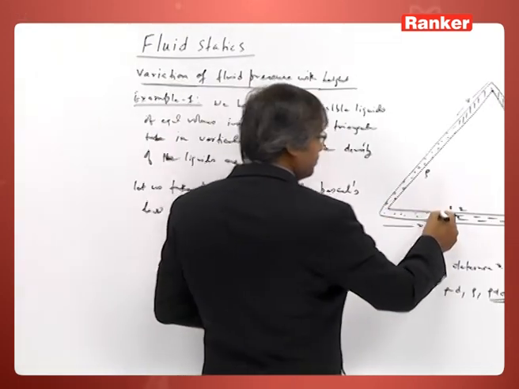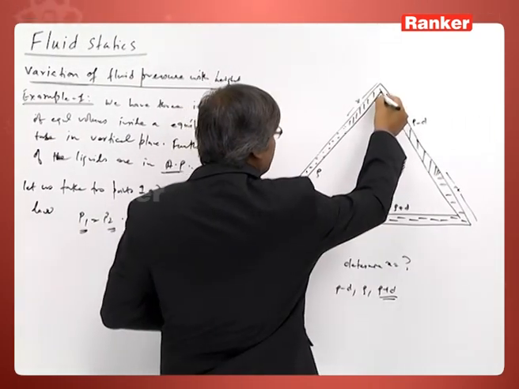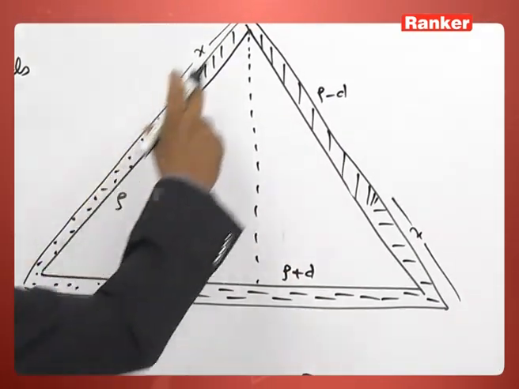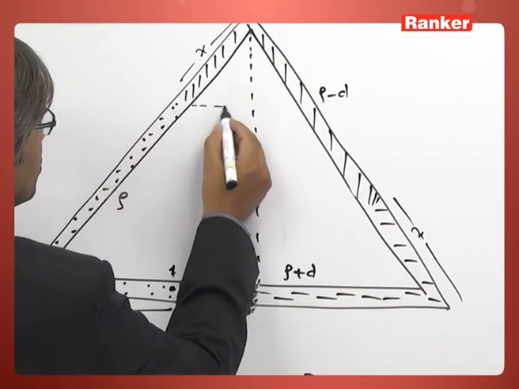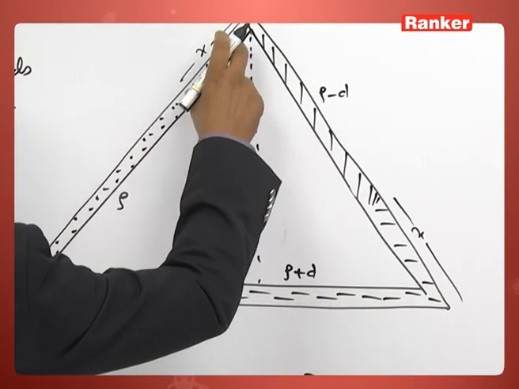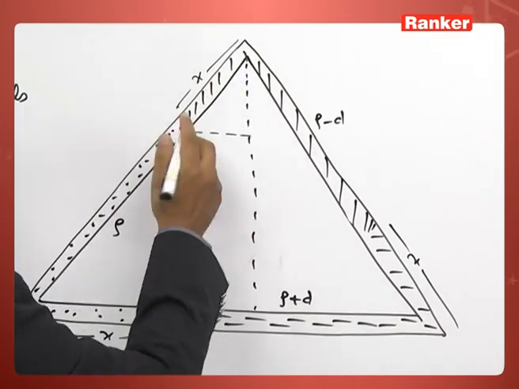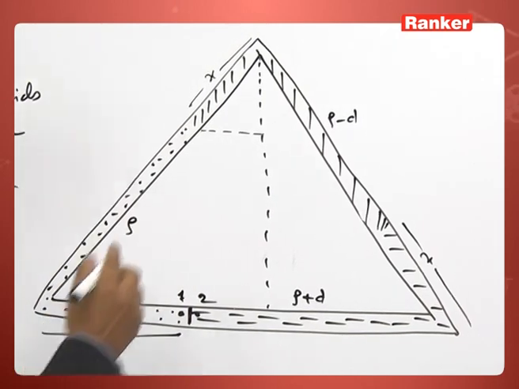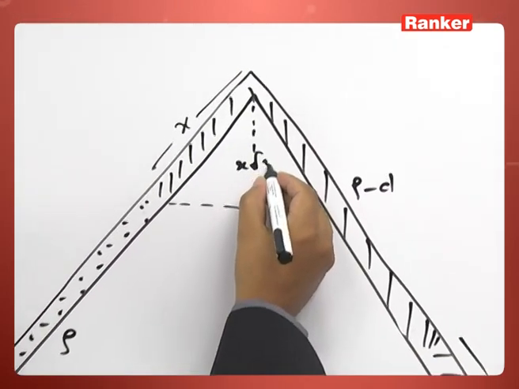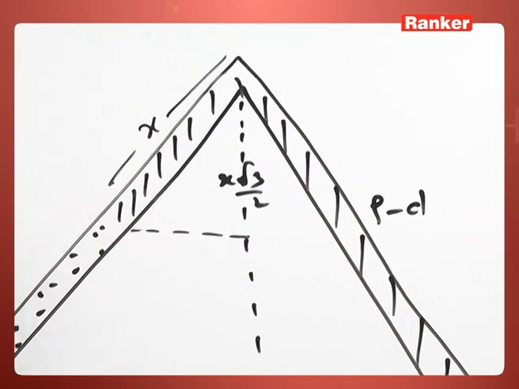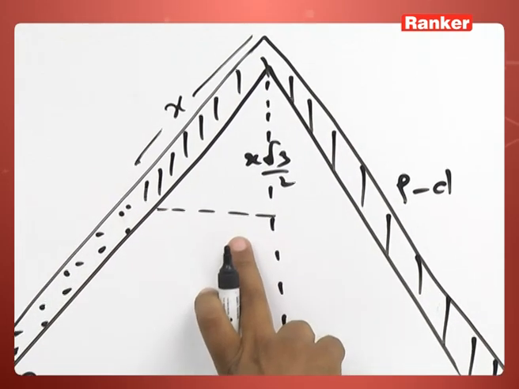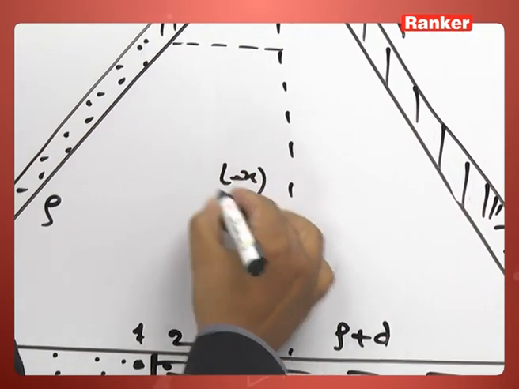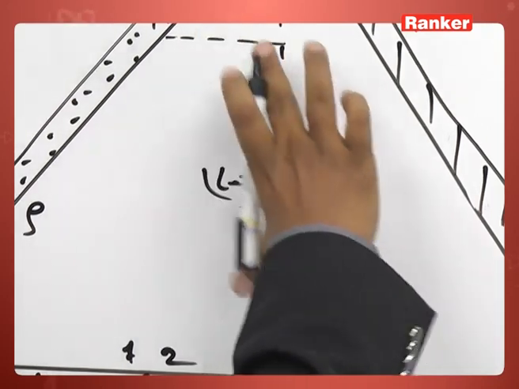So, P1 will be, now all heights will be measured from here. Suppose this is x. So, you see here this is x sin 60, sin 60 is root 3 by 2. So, this becomes x root 3 by 2 here to here. Now, this is L. So, this height is L minus x. So, L minus x root 3 by 2 is this height from here to here.